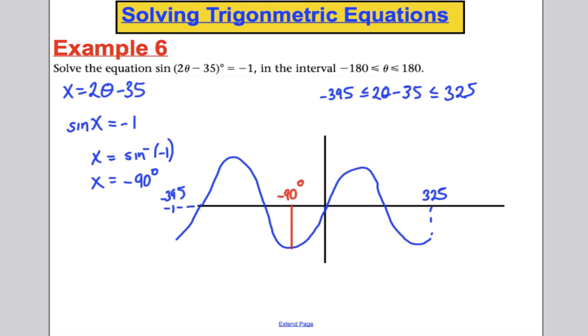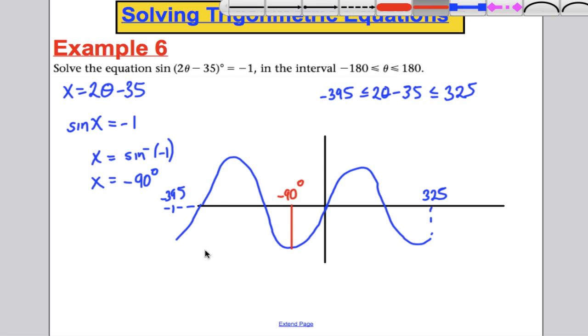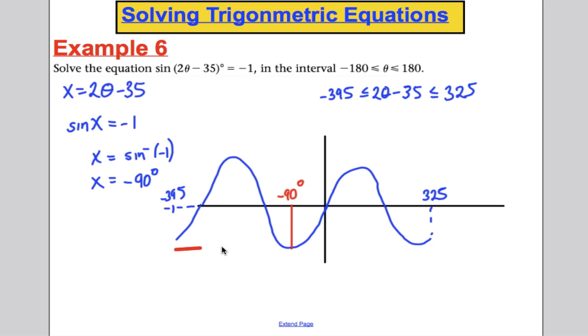What other values have got the same? Well, let's draw a line across. It's only going to be at this point here, which is 2 pi along. So that's pi, that's 90, another 90, another 90, another 90.